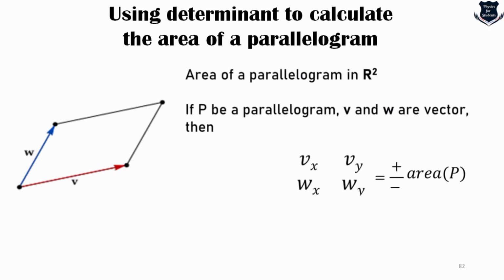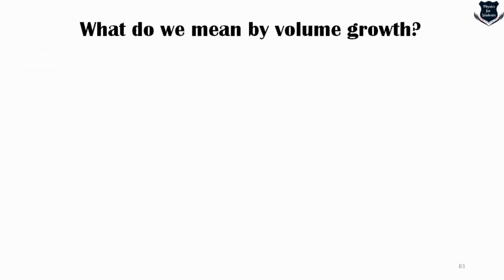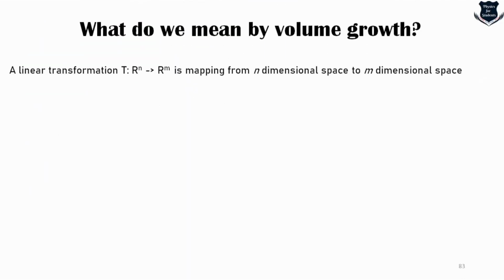Back to school days, we used the determinant to calculate the area of a parallelogram. Quite simple. Area of a parallelogram is this, right? Now what do we mean by volume growth? Say for example, in a one-dimensional linear transformation, it is straight, right?